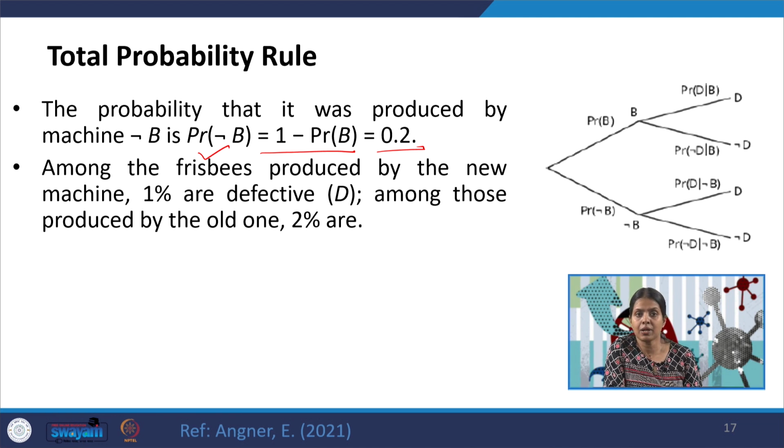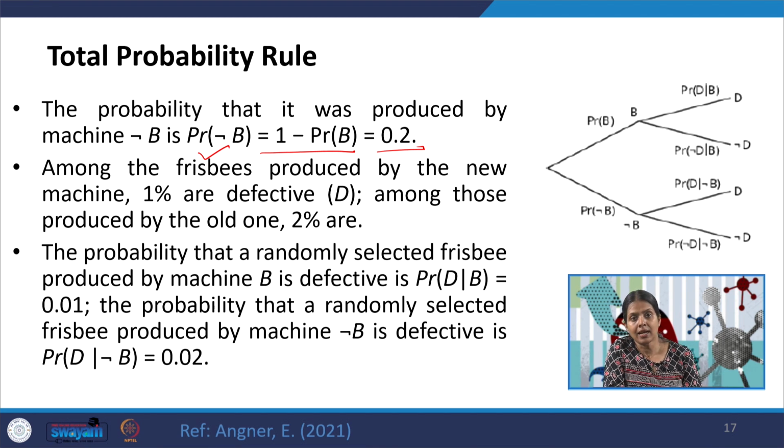Among those produced by the old one, 2% are defective. The probability that a randomly selected frisbee produced by machine B is defective is written like this. So, it is defective provided that it was produced by machine B. What is the probability? It is 0.01, simply because we have mentioned it here clearly.